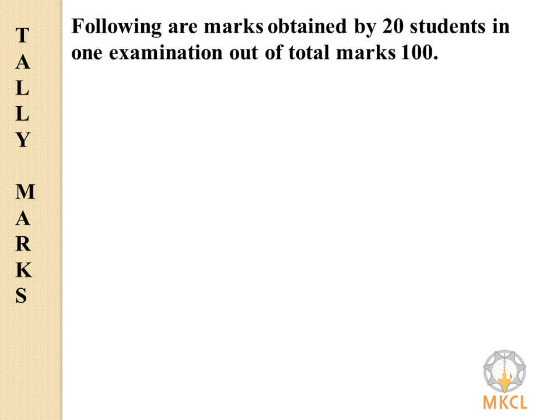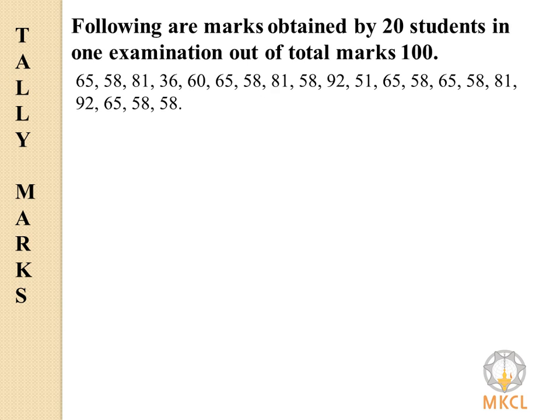Now we see tally marks. Using an example, we will see the concept of tally marks. The example is, following are marks obtained by 20 students in one examination out of total marks 100.